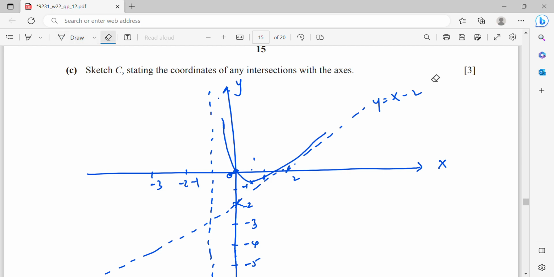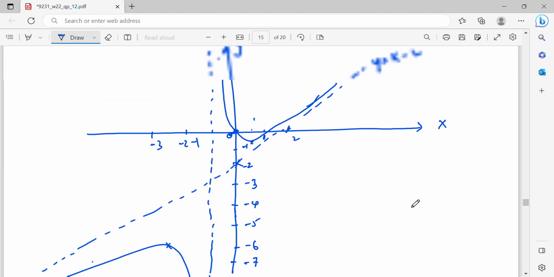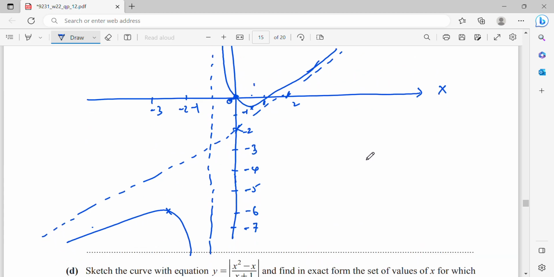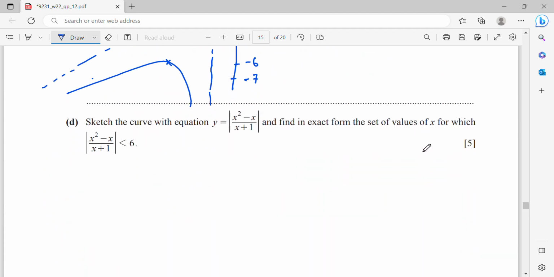Okay. Alright, so this is my graph. Right, so now sketch the graph.